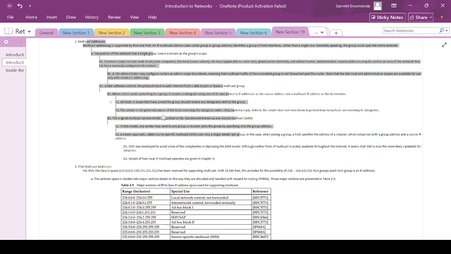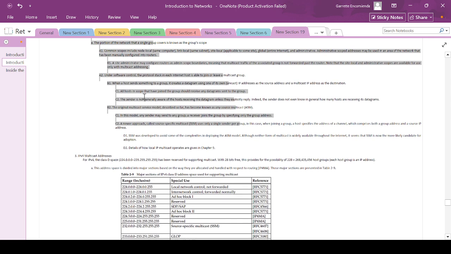Generally speaking, the group could span the entire internet if you're trying to send a signal to the internet. The portion of the network that a single group covers is known as the group scope.